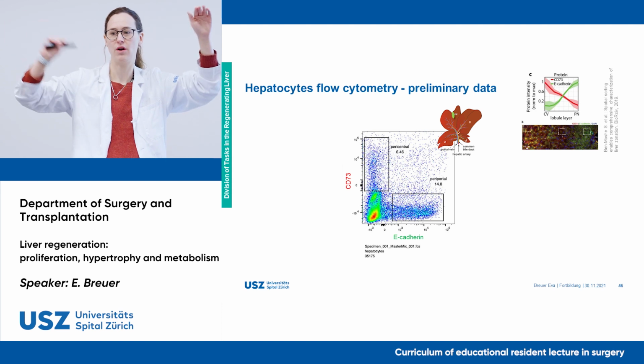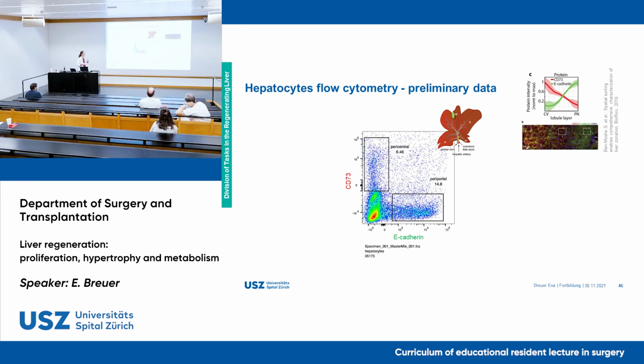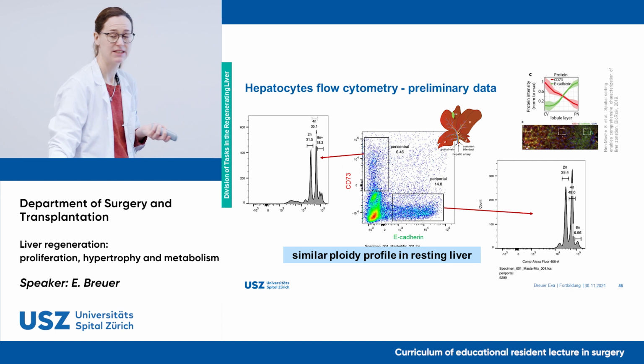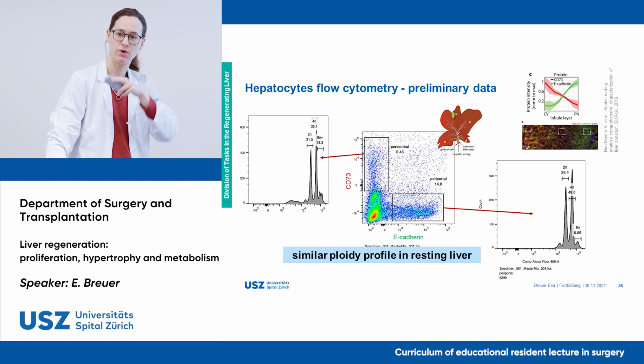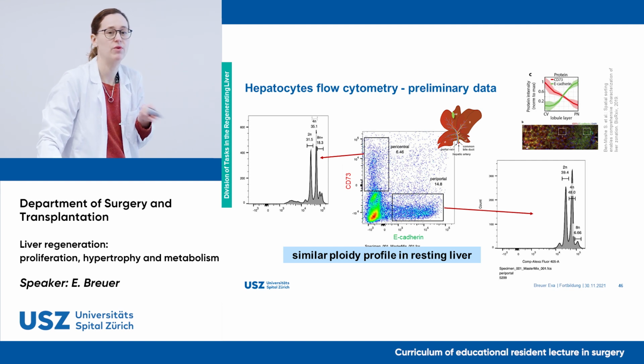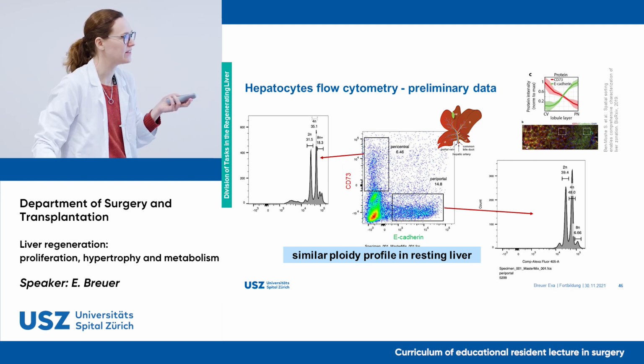Depending on their relation, we can say this hepatocyte is from the portal vein, or this is from the central vein, or somewhere in the middle. If we take a look at the ploidy profiles, we see more or less similar ploidy profiles for these zones in the resting liver, but at the moment, we still don't know what happens after hepatectomy in these zones.